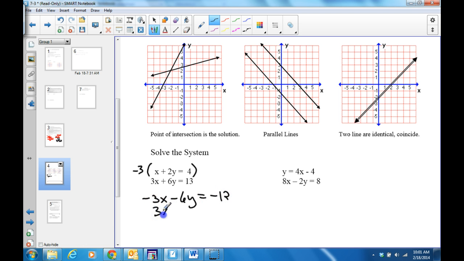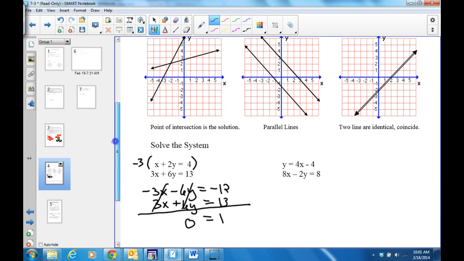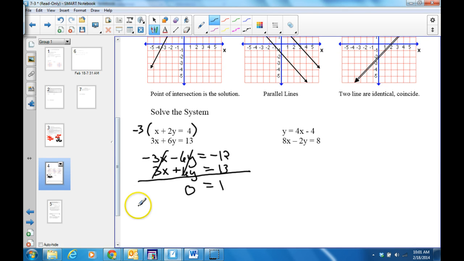And if I write the second one down below it, notice what happens to both my x's and y's. They both cancel, so I'm left with 0 equals 1. So what does that tell me? No solution. No solution, and that also tells me that the two lines are what? Parallel.